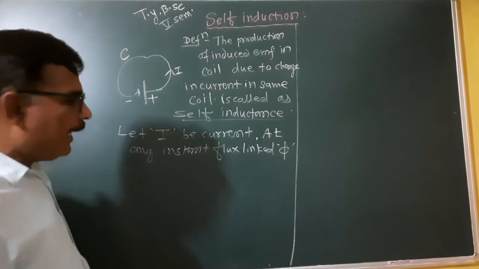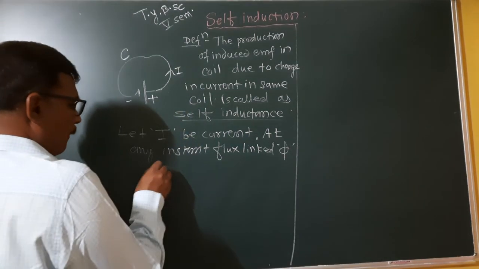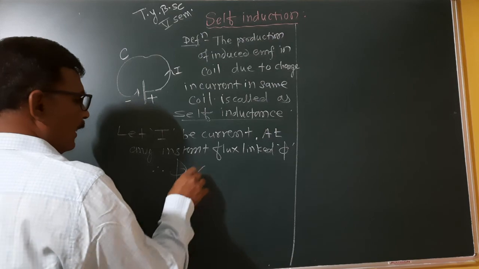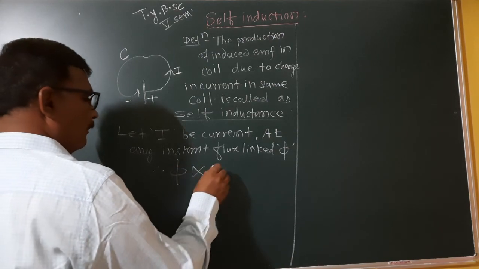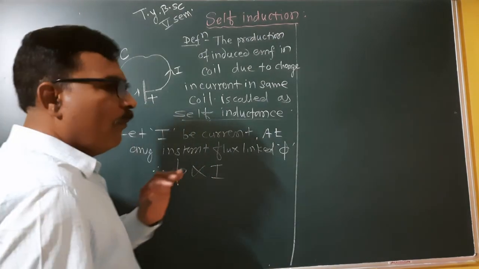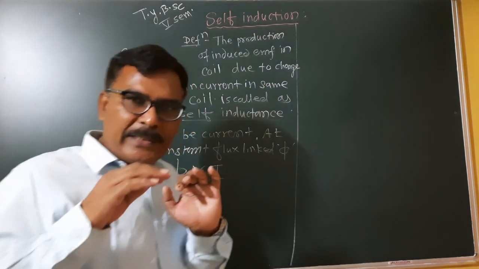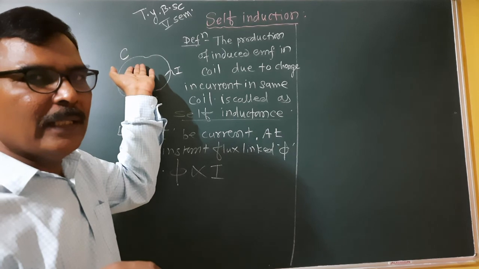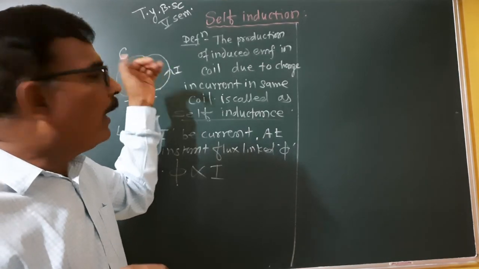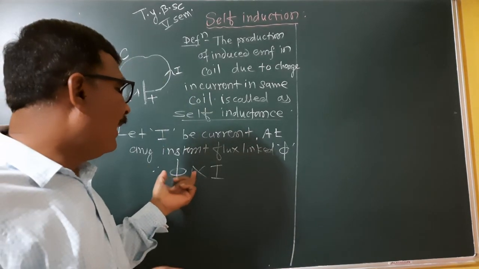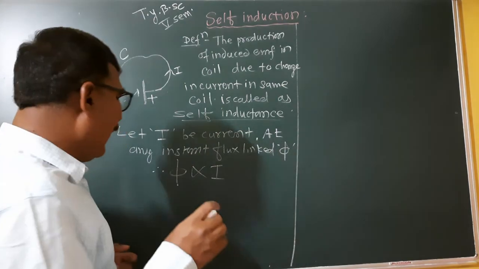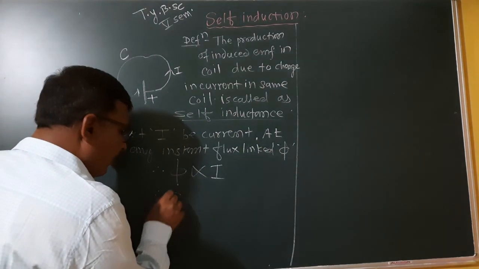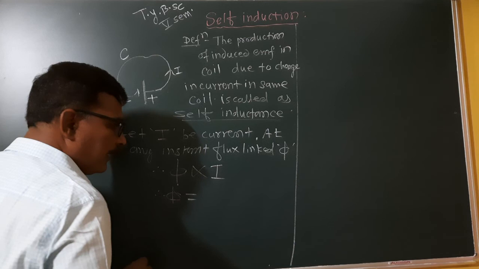Therefore phi is directly proportional to I. How is it? When the current flowing through the coil goes on changing, magnetic flux is linked in the coil, which induces an EMF in the coil. So phi is directly proportional to I, and L is the proportionality constant.